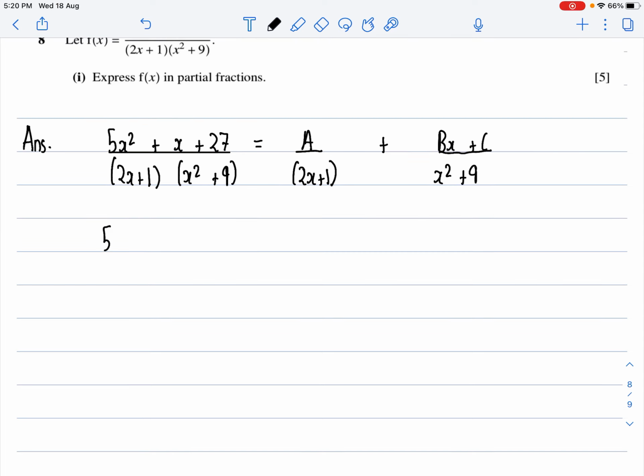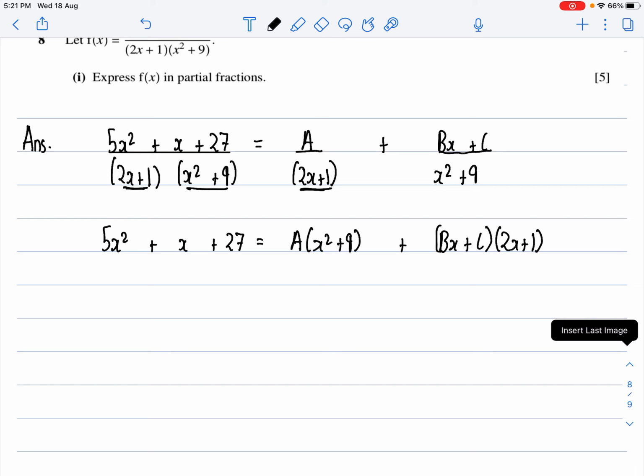So you write 5x square plus x plus 27, which is equal to a into the missing part here, which is x square plus 9, plus bx plus c into 2x plus 1, correct? You might be familiar with the LCM process now.